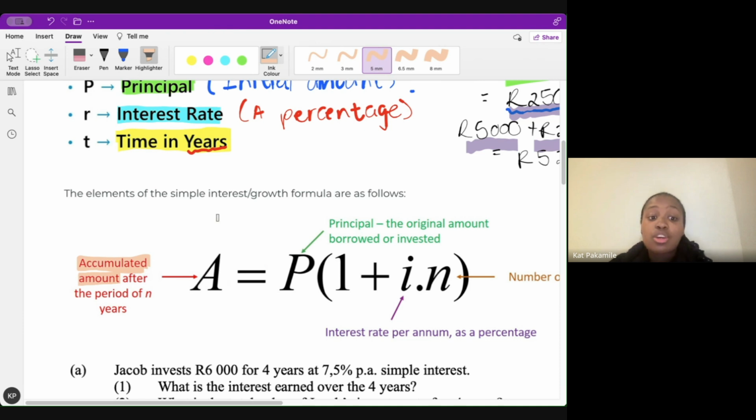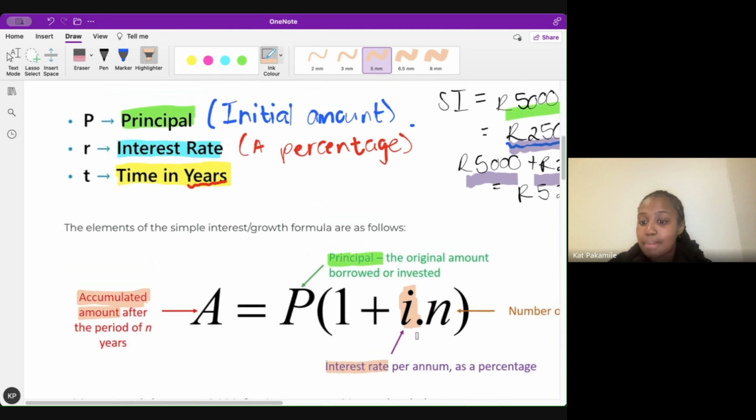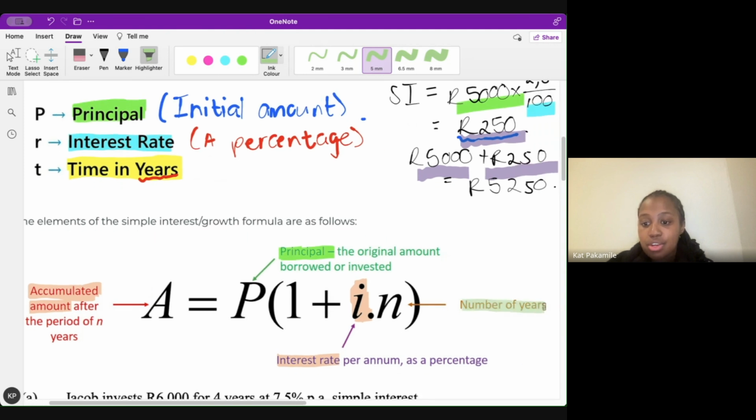Okay, so the accumulated amount formula is the P, which is still the principal or original amount, open bracket, 1 plus I. This I is the same as what in my first formula? Look here. Interest rate, which is R, right? It's the same thing. Times N, which is number of years, and that's the same as T. Are we with me?